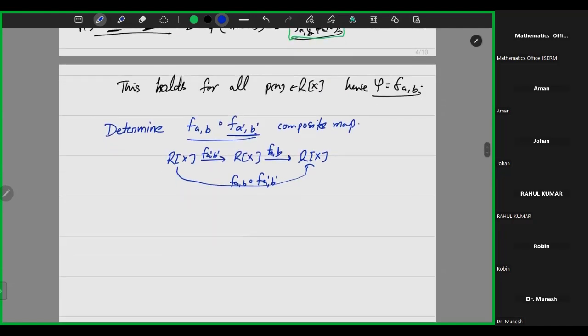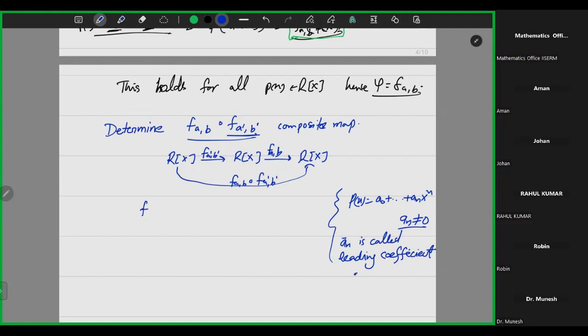And how to calculate this? Let's say we take a polynomial p(x). As usual, p(x) is just a_0 up to a_n x to the power n, where this n is maximum such that a_n is non-zero. Then a_n is called the leading coefficient of p(x).